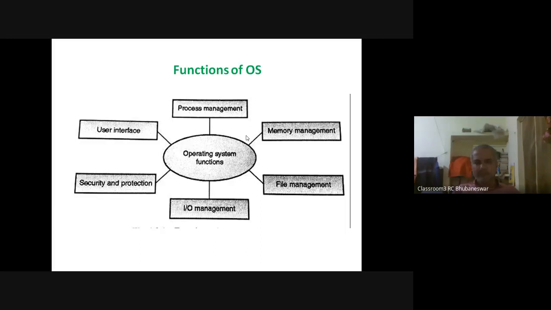Let's take an example. If there are several processes, each process requires a particular input or output device. Let there be a single printer shared by several computers.